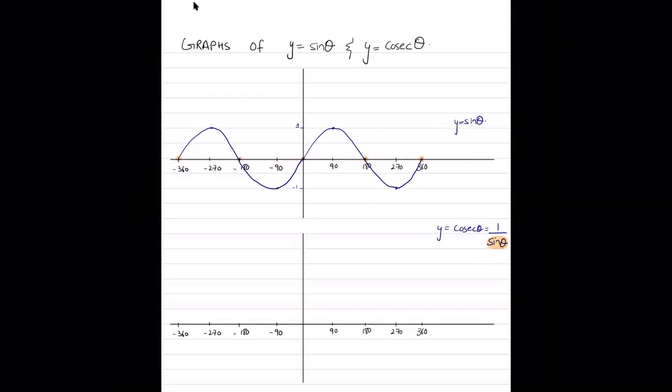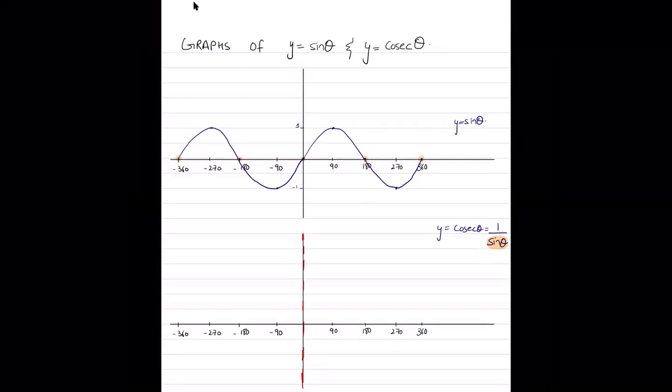So what we are going to do is make a vertical line known as the asymptote at 0 degree. I'm making a red line over here indicating that the function will not pass through this line. Now the same thing is going to happen when sine theta was 0 at 180 as well.